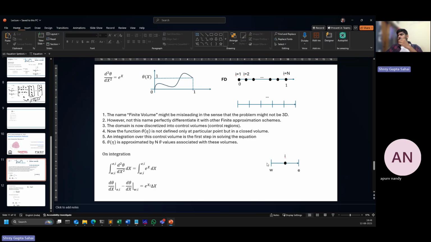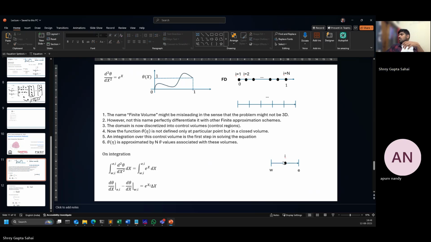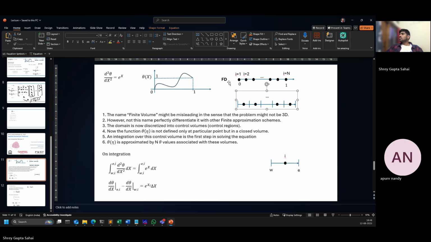So essentially what we have done is, let me draw the picture here. So this is our finite volume scheme.